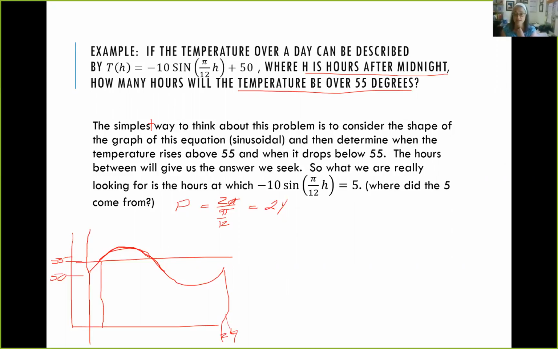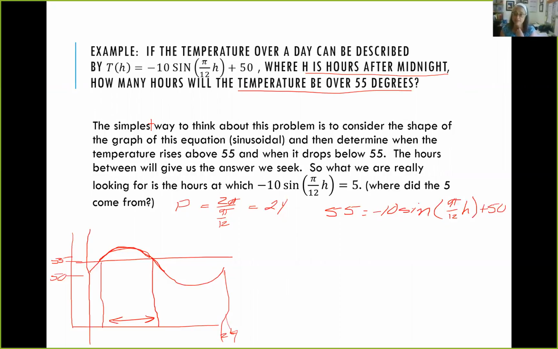So we can find these 2 points and then find the distance between them in order to solve this problem. So what I've got is 55 equals -10 times the sine of pi over 12 times h plus 50.